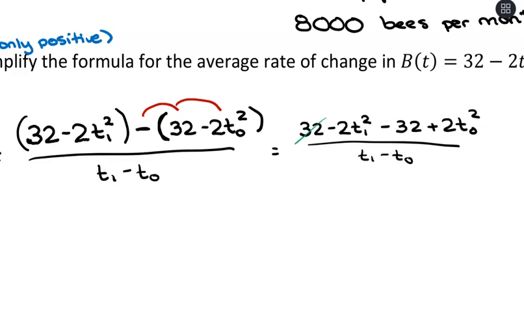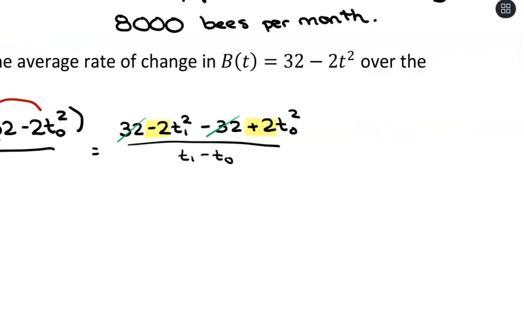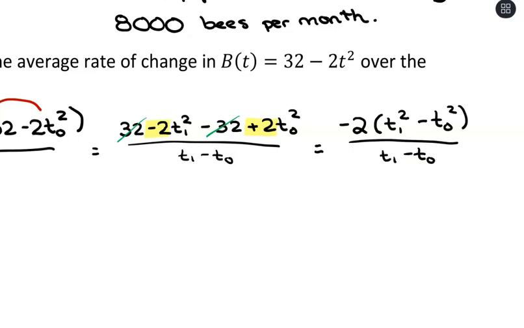In the numerator here we have a 32 minus 32, so those are just going to turn into a 0. I'm seeing a common factor of, let's go ahead and factor out a negative 2. So what that would look like is if I bring a negative 2 out front, then I would have t1 squared minus t0 squared all over t1 minus t0.